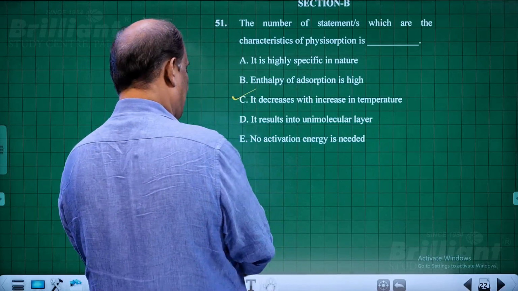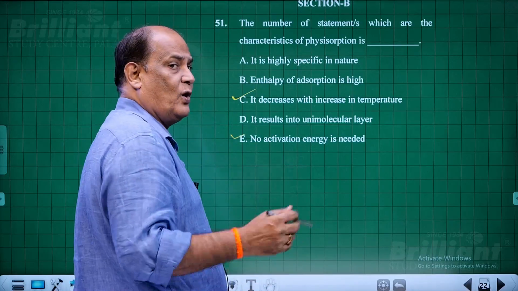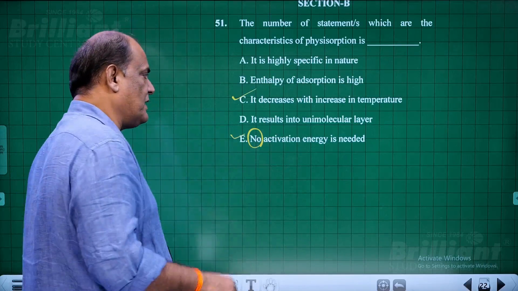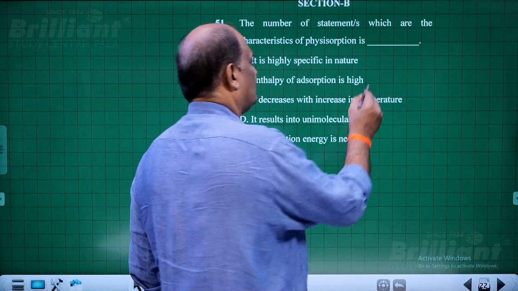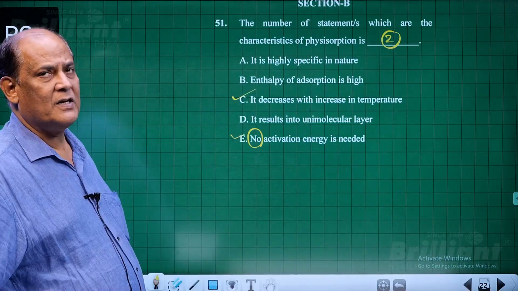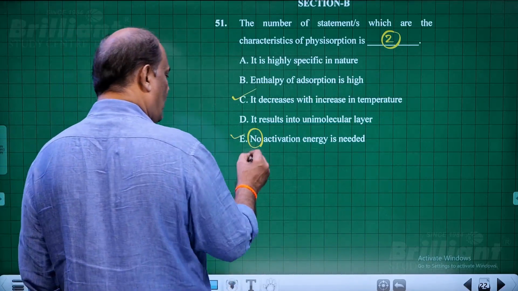It is a multilayer. No activation energy is needed, because a very low activation energy is needed. Only 2. No activation energy, this is the general thing you have to write here. Low activation energy.